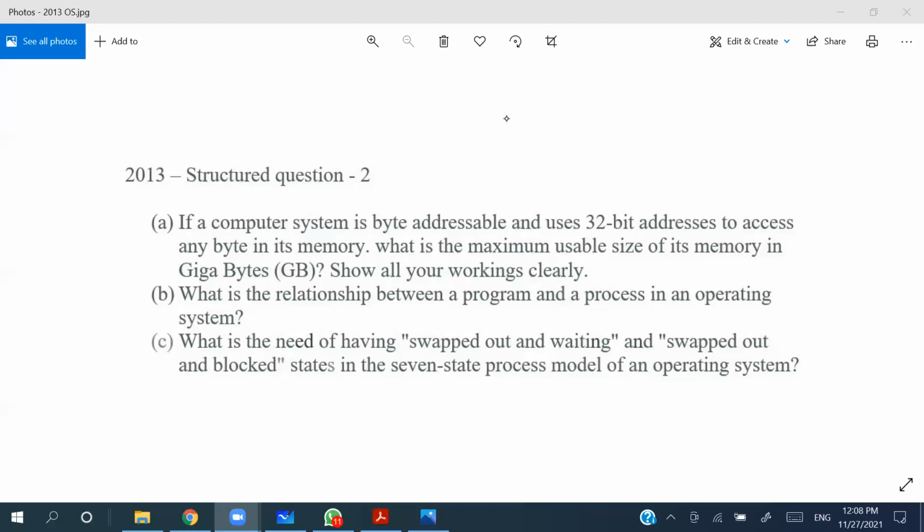Putha, in the B part, I think you have mixed up the word program and the process. Just take a look into that again. In part C, it should be a little bit clearer, right? I think you know the point.